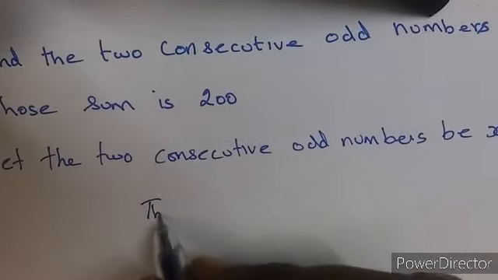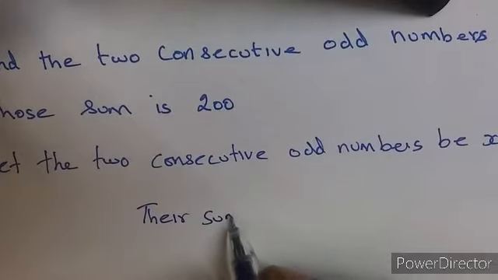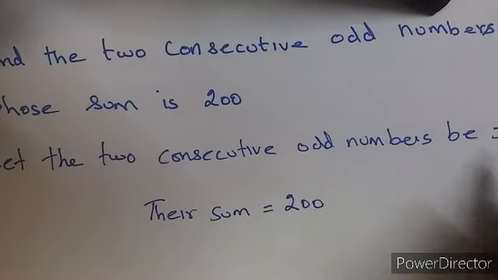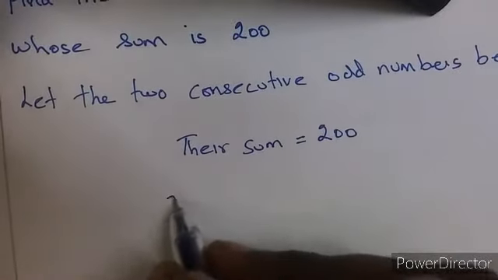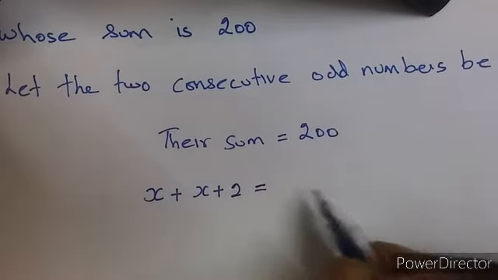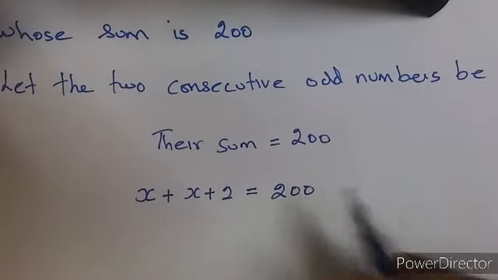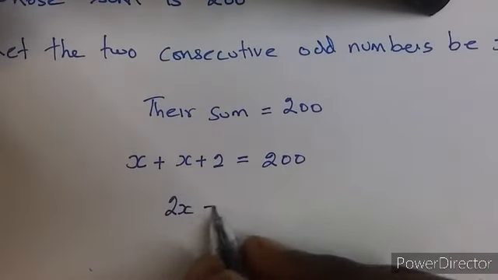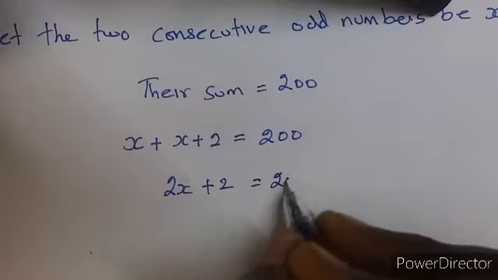Their sum is given in the question as 200. That means we have to add these two consecutive numbers. First arrange the expression: x plus x plus 2 equal to 200. Now x plus x, 2x plus 2 equal to 200.